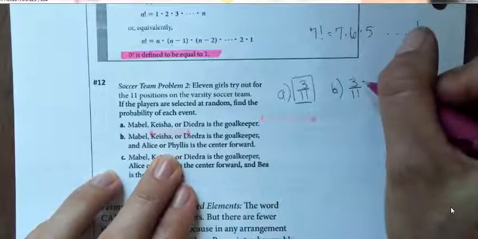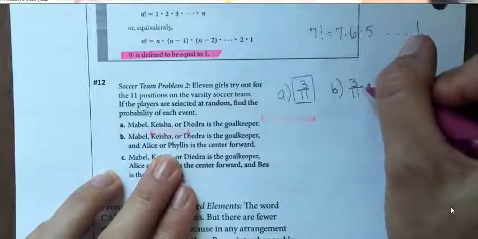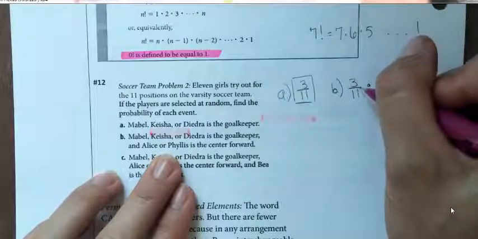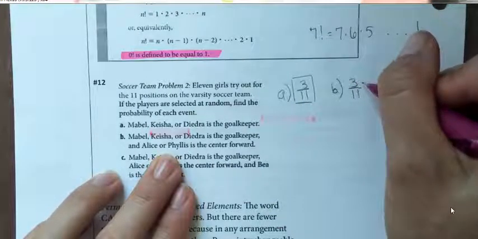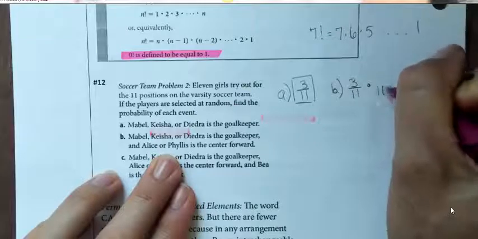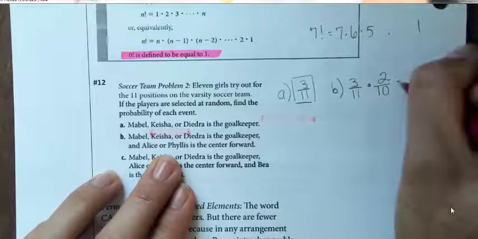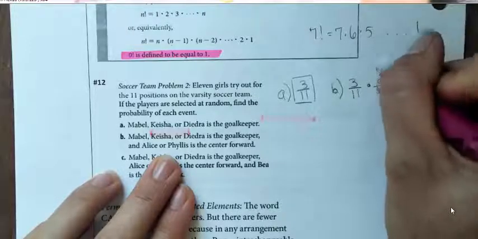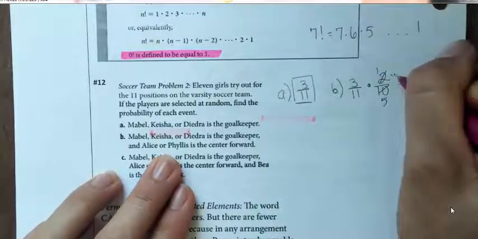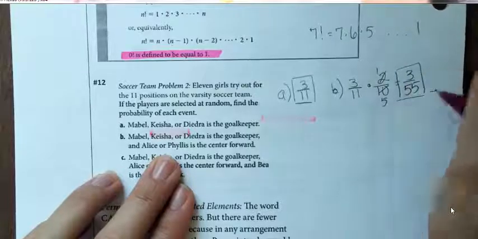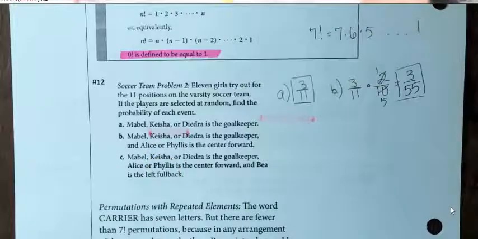But if I've already chosen one girl to represent the goalkeeper, then that means I have 10 more girls to choose from, and I'm choosing 2 of those. So I end up with, well, actually this reduces, so 3 out of 55. And you can turn these into percents if you want, or you can leave them as ratios.